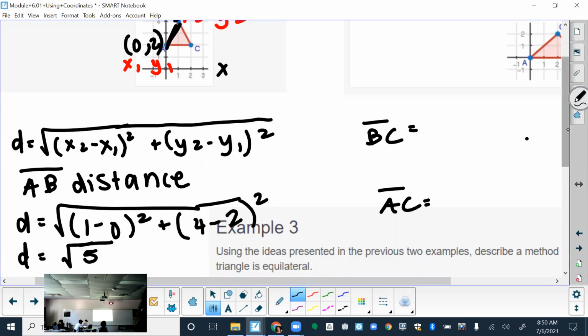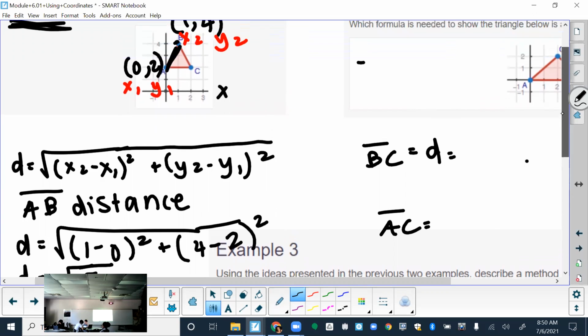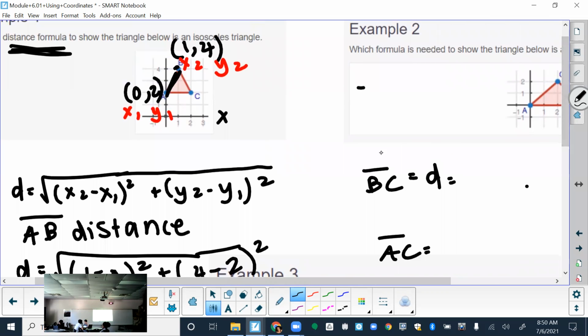An equilateral triangle, and you're proving that it's isosceles. So I'll set up BC for you, and then you'll find the distance of AC. So distance for BC. We already know the coordinate for B. What's the coordinate for C? 2, 2.